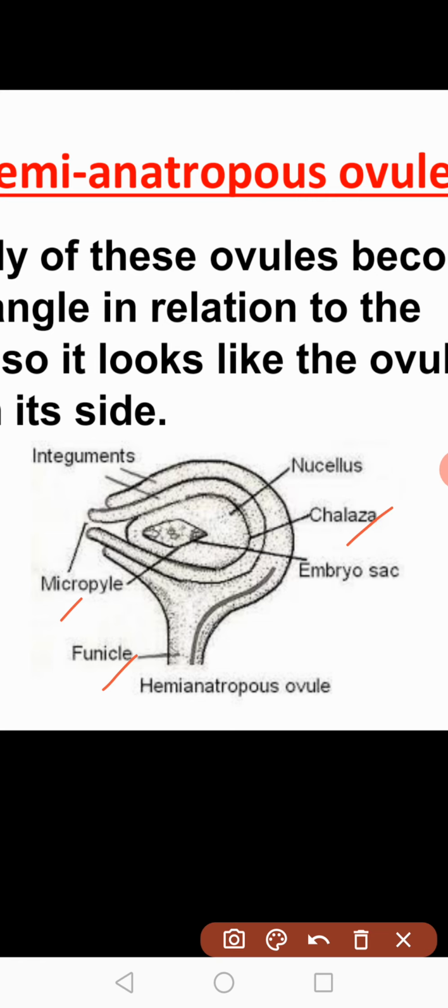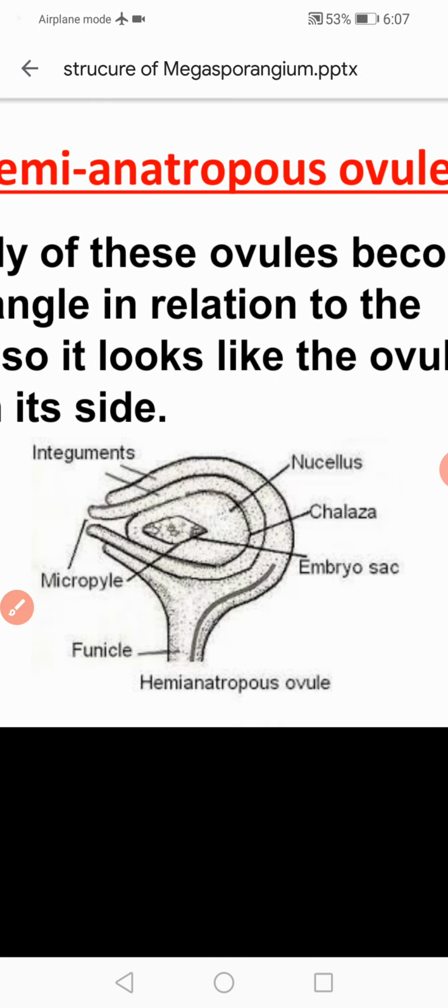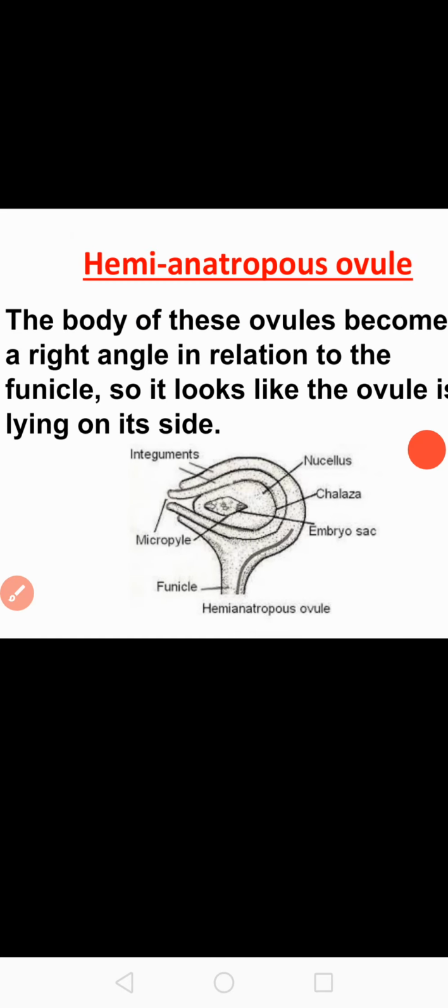Once again, I'll repeat. In hemianatropous type of ovule, the micropyle and the chalaza lie in the same direction, whereas funicle is placed at right angles to the micropyle and the chalaza. So this is called hemianatropous type of ovule.